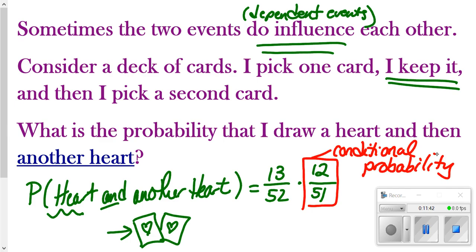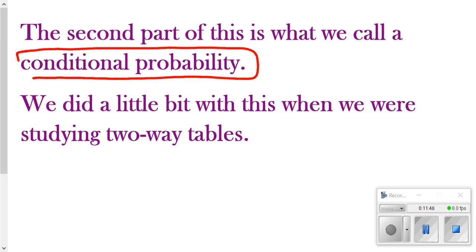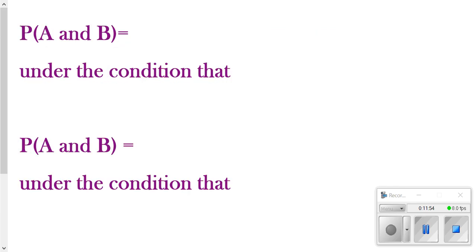So you would just do the arithmetic here, but let's talk about the formula, okay? So the second part is what we call a conditional probability, and we did that already when we studied two-way tables. We did actually talk about conditional probability back in Unit 2.